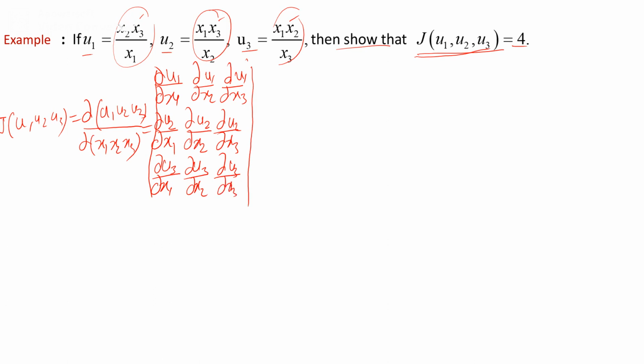And we get a 3 by 3 determinant. Now we take the partial derivative of u1 with respect to x1.